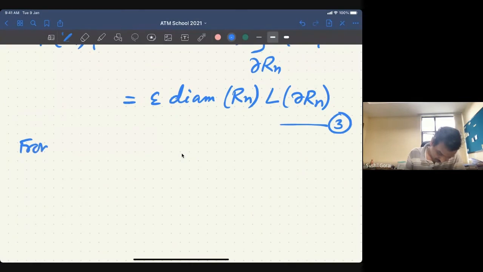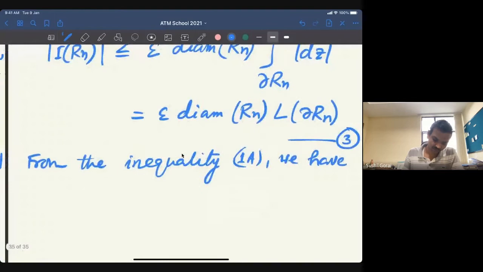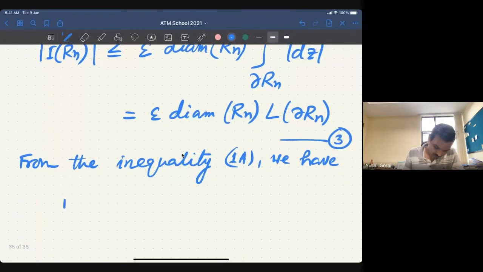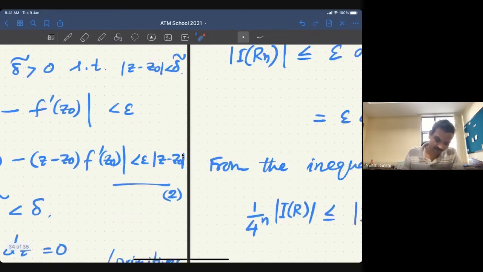From the inequality 1a, we have 1 over 4 to the power n |I_R|, that was there, which was less or equal to |I_Rn|. This was the inequality 1a, this one. So let us check.